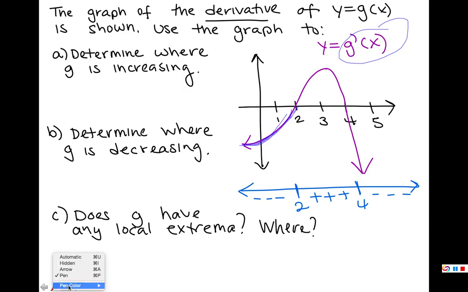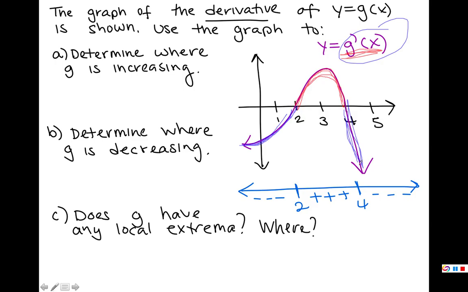Then from 2 to 4, all of a sudden now the curve has positive y values. It's above the x-axis. These y values are positive. Again, the y values represent the derivative, so I put plus signs in my table. And then we're back to negative y values again once we go past 4, so I put negatives in my table.